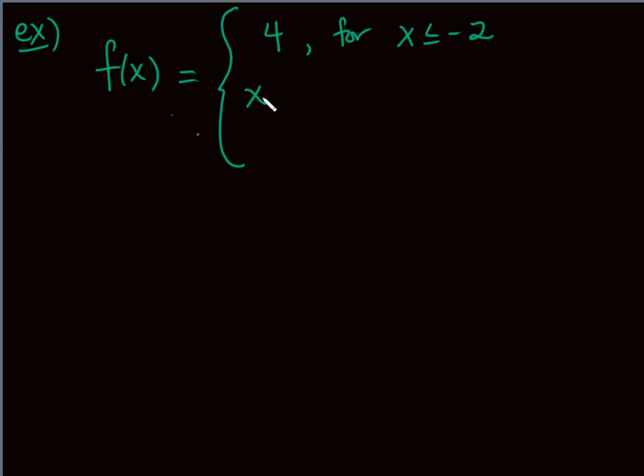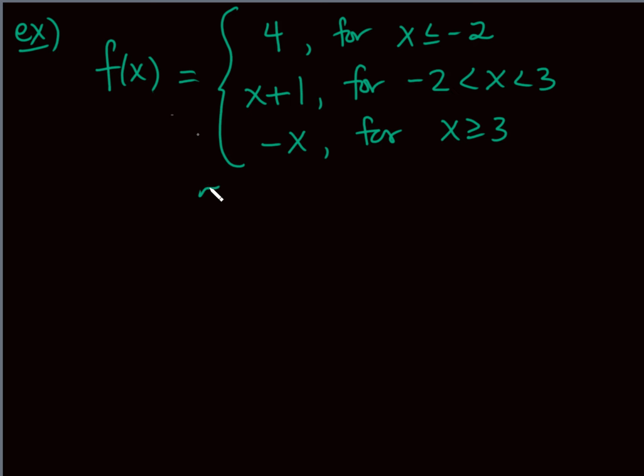I want it to be x plus 1 between -2 and 3. And then I want it to be -x for x greater than or equal to 3. Okay, cool. All right, so again, I'm just going to pick one of these to work with. I'll just start with the top one and work my way over.